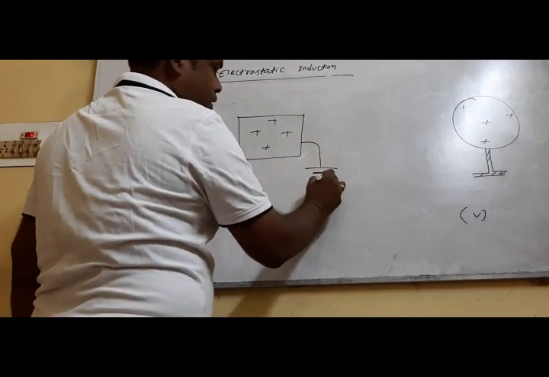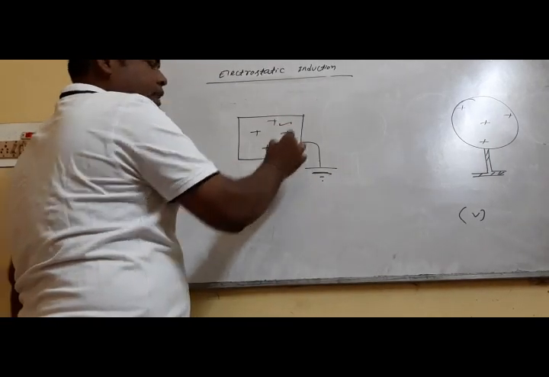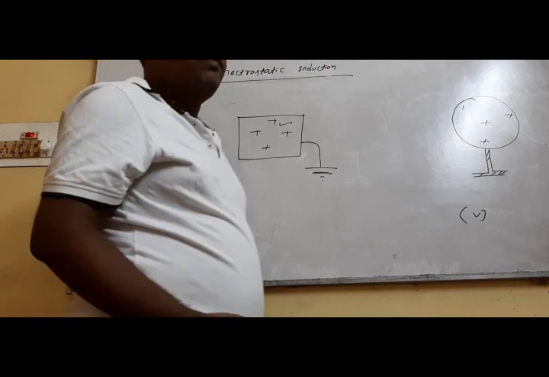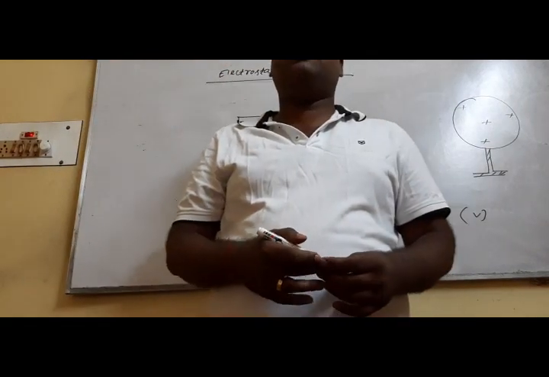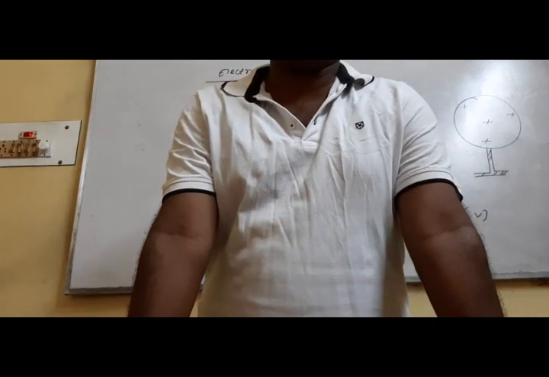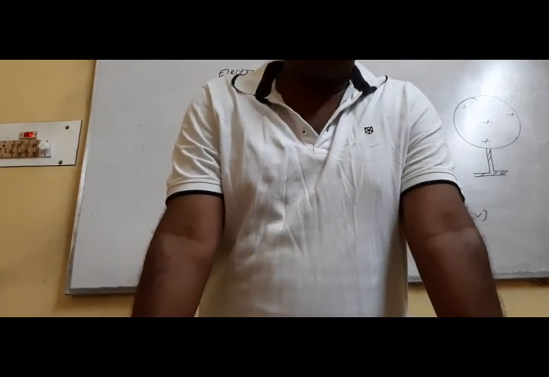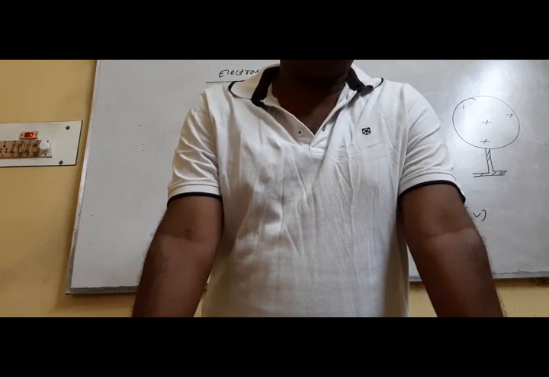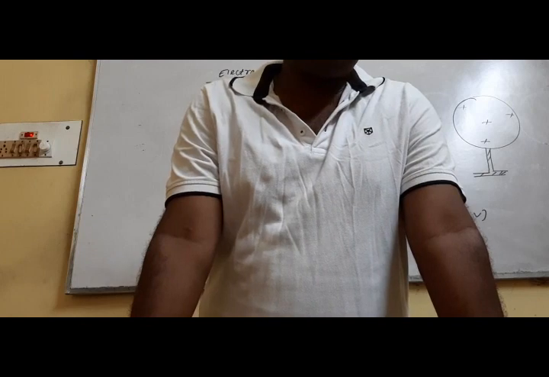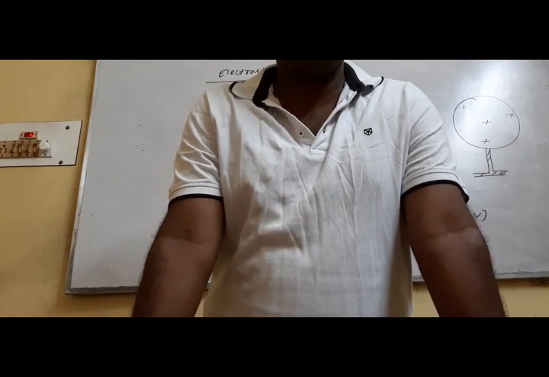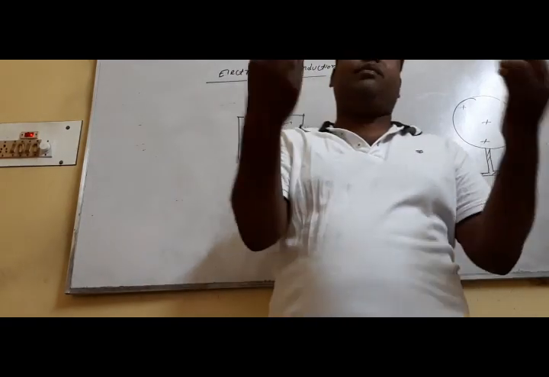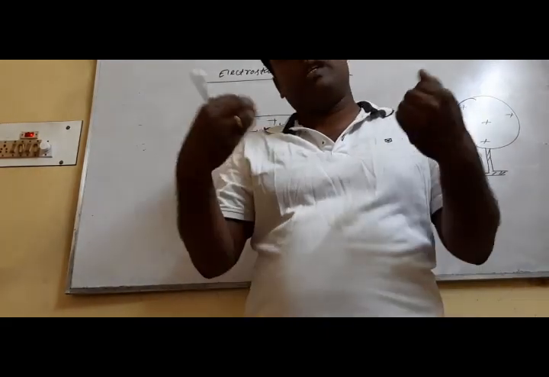And you know the earth is a large spherical conductor. Its capacity is very, very high, so any amount of charge you can give to the earth or draw from the earth without any change in the potential of the earth. Any positive charge we can give to the earth, and any negative charge also.